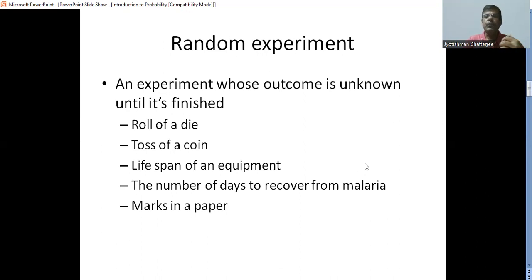So the number of days to recover from malaria is again a random experiment. Marks in a paper. Of course, it will depend on which person and which paper we are talking about. So it's again a random experiment, and the value of that thing will be known once the result is out.